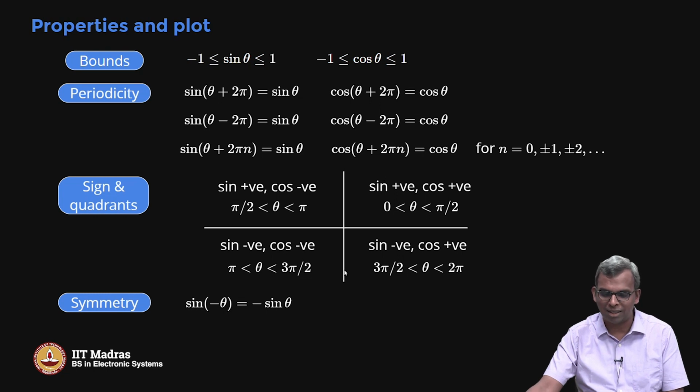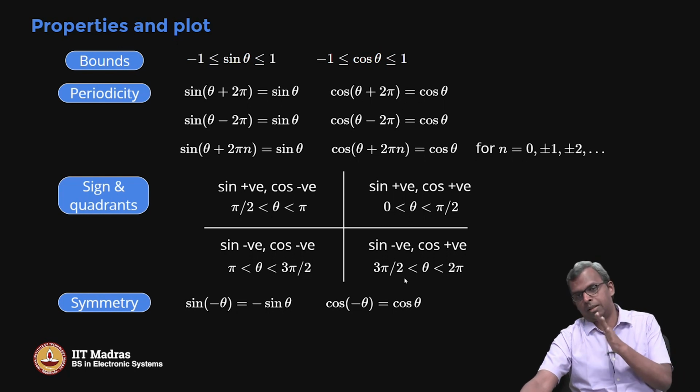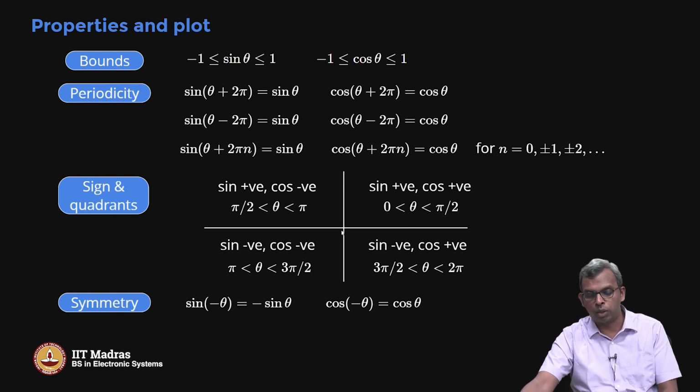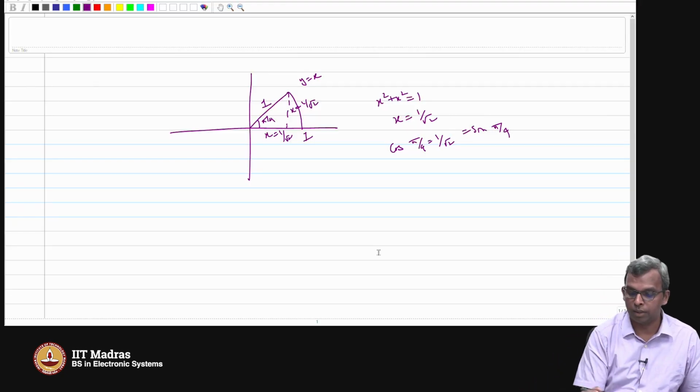I hope you can see that this just comes from this observation. And cos of minus theta will be cos theta. If the angle is here and you do minus of that angle, you're not flipping the x value. You're flipping only the y value when you go to the negative y angle. So cos gives the same value. Maybe I should draw a picture here just for you to see.